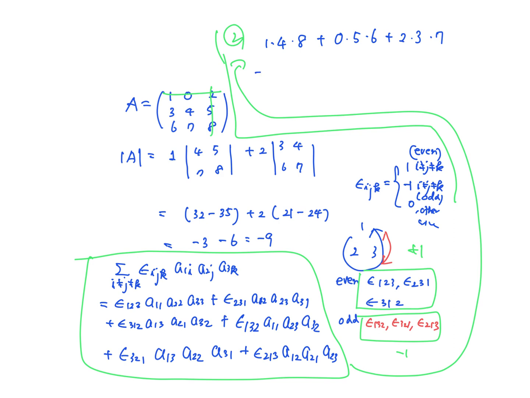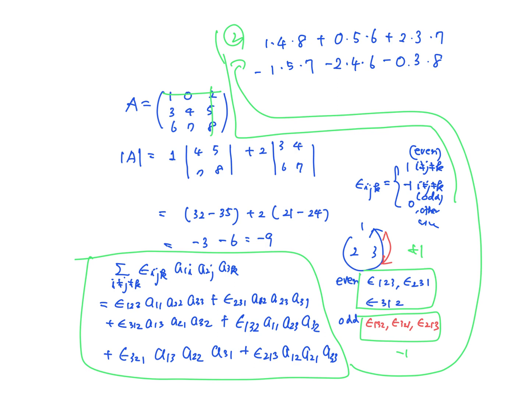Now we have a minus sign because the odd permutation, the epsilon becomes minus 1, right? So minus 1 times A11 is again 1, A23 is 5, A32 is 7, minus A13 is 2, A22 is 4, A31 is 6, minus A12 again 0, A21 is 3, A33 is 8.